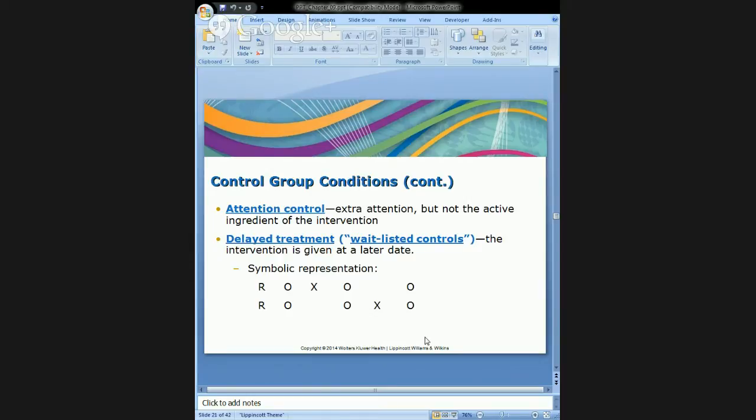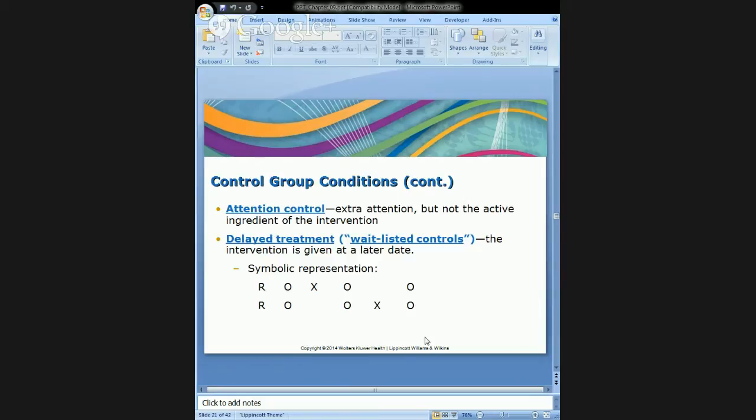Okay, some other control groups: attention control. This was seen in a study that I saw. There's a therapy called Reiki therapy, where it's kind of like therapeutic touch. They had two groups of patients, and one group received this Reiki therapy from the nurses, and one group did not receive Reiki therapy, but also got some one-on-one time with the nurses.